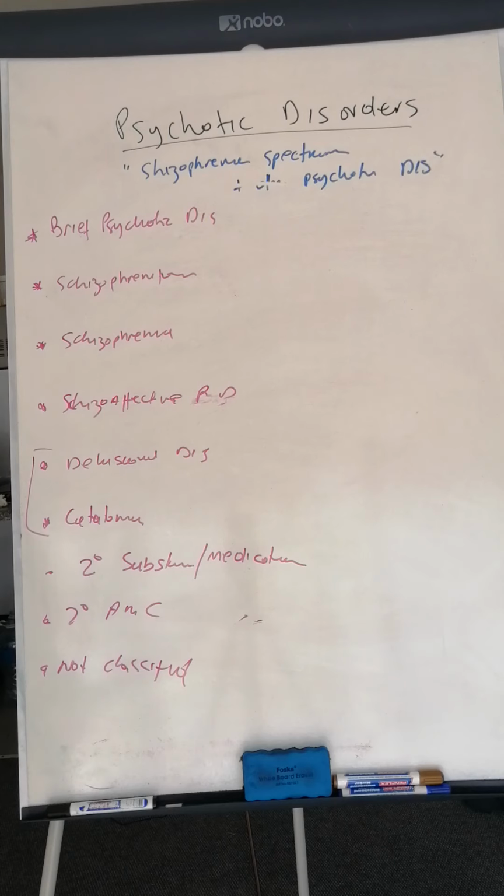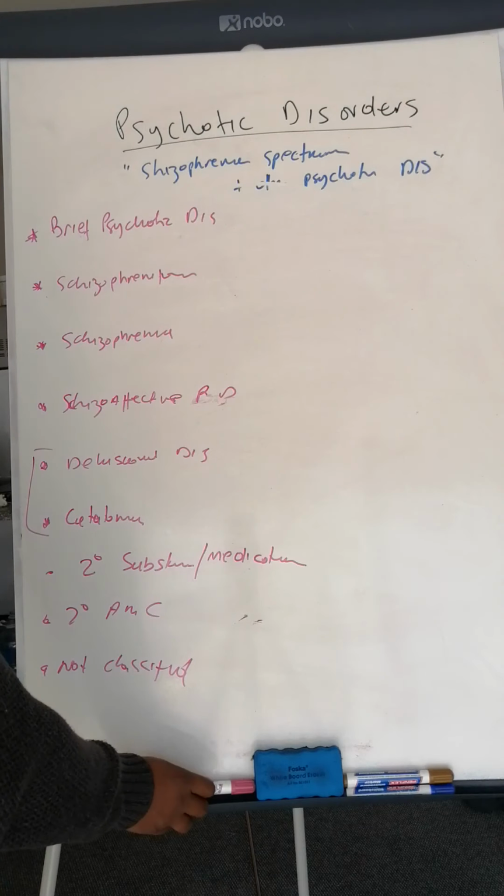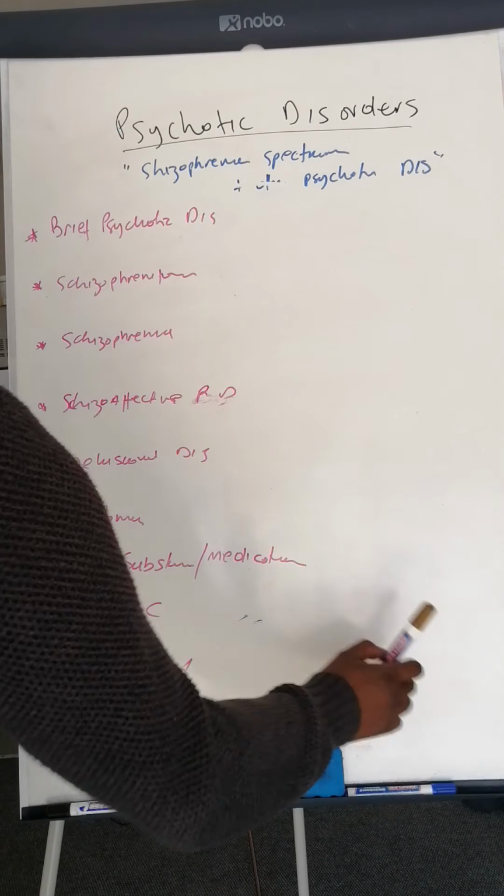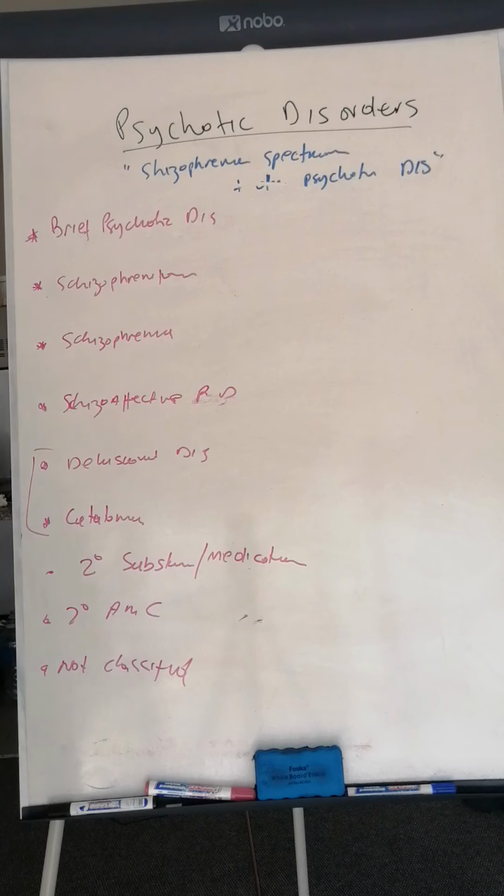So I hope you guys can see everything. Yes, okay. So the signs and symptoms are those that we spoke about, so they share them. So what differentiates one condition from another, duration becomes very important.